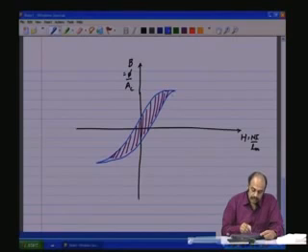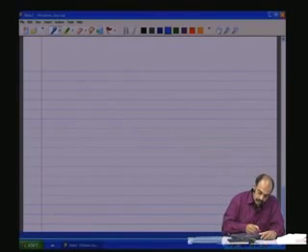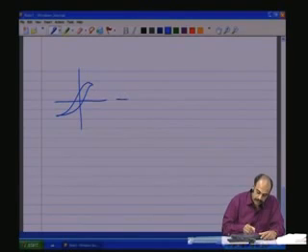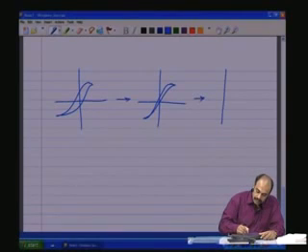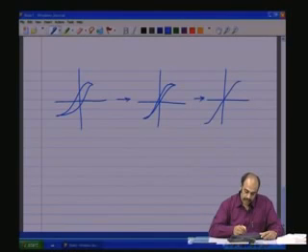Which implies that if this loop is narrower and narrower, and in the limit becomes just a line like this, the area within the loop is almost 0, or in the ideal case 0.